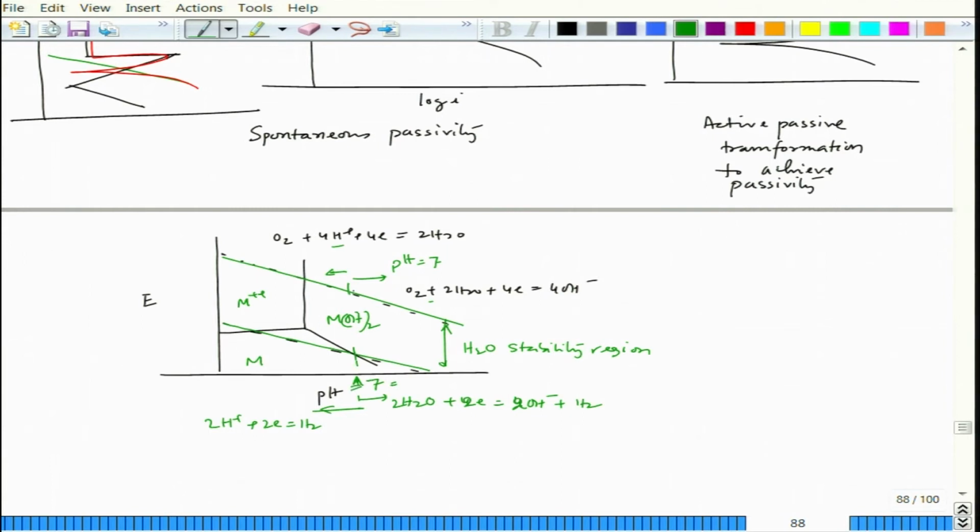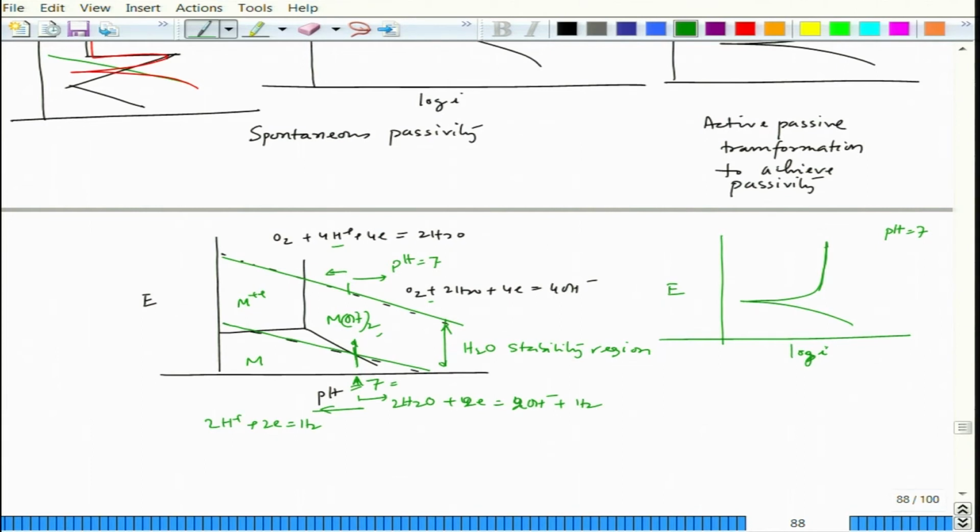Now at some point, because it is entering the passive region, the polarization line, in an E versus log i plot where i is current density, can look like this. And if it is spontaneously passivating, it can look like this, because as you increase the potential at pH 7 it is entering M(OH)2, which is a passive layer forming on top of the metal surface.